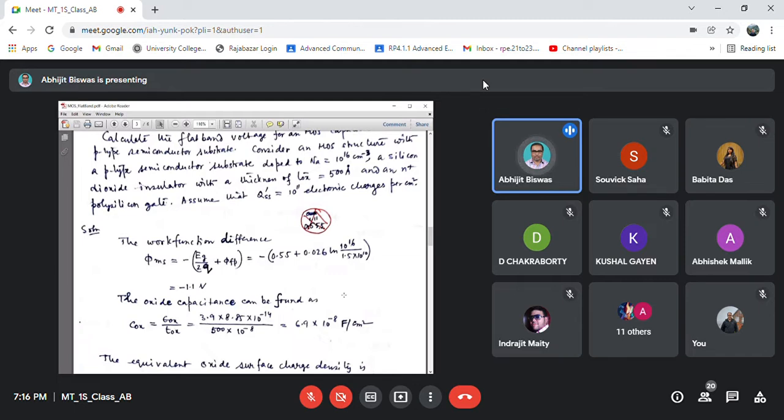So 0.55 volt plus 0.26, it is actually kT by Q ln of 10 to the power 16, the acceptor concentration, divided by the intrinsic silicon concentration, that is equal to 1.5 into 10 to the power 10. If you work out this natural logarithm, it will be equal to minus 1.1 volt.